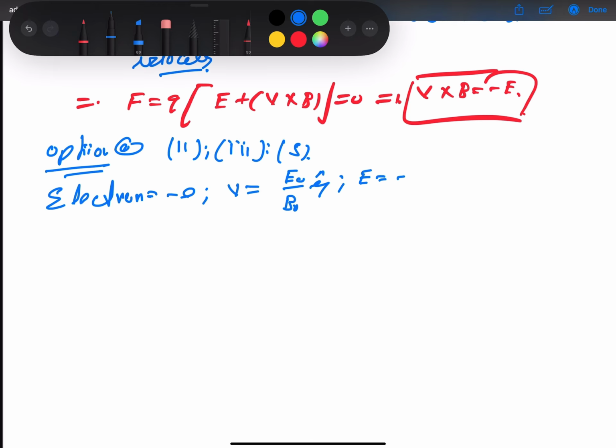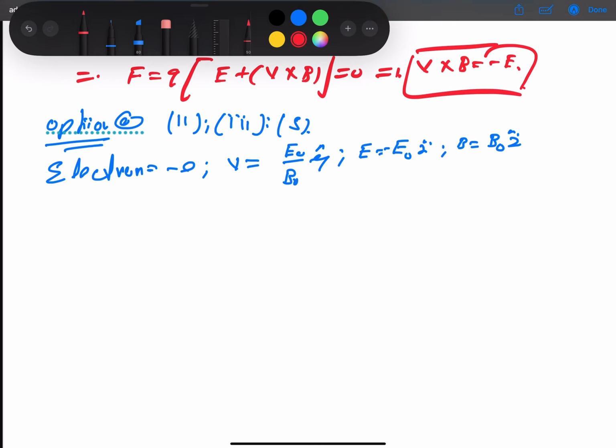Electric field is E naught minus X unit vector, and the magnetic field is B naught times Z unit vector.